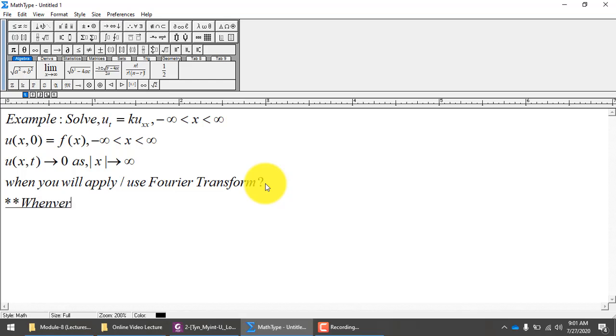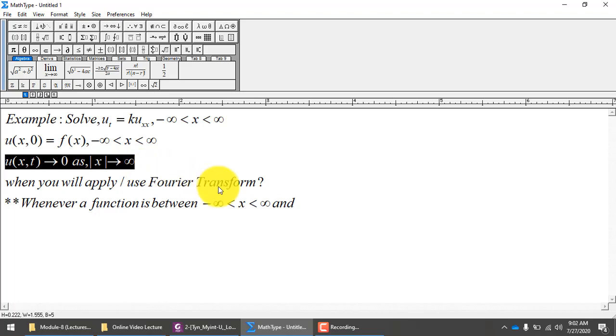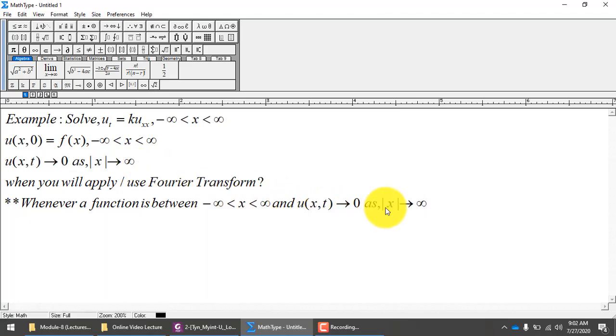that whenever a function is between minus infinity to infinity, so I am writing that minus infinity to infinity, and also the function tends to 0 as x mod tends to infinity, or x approaches to infinity or minus infinity, both conditions are similar, then you should apply.